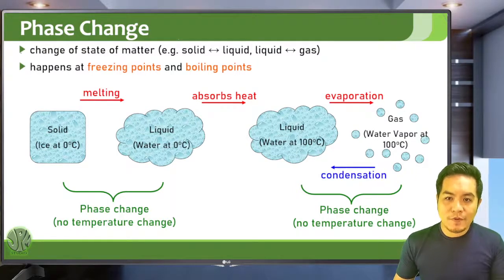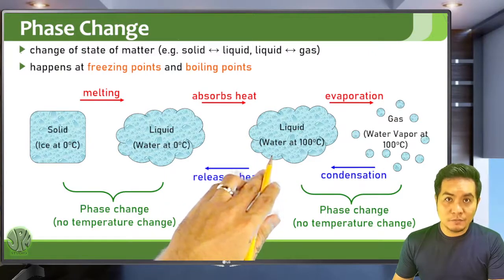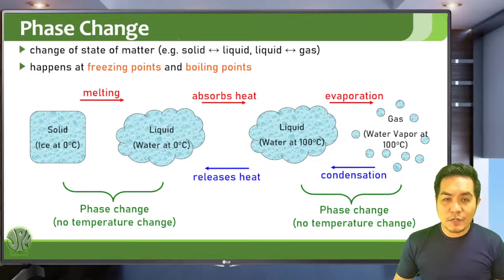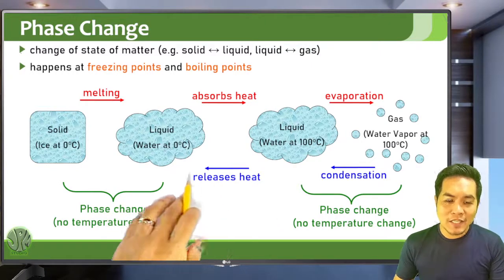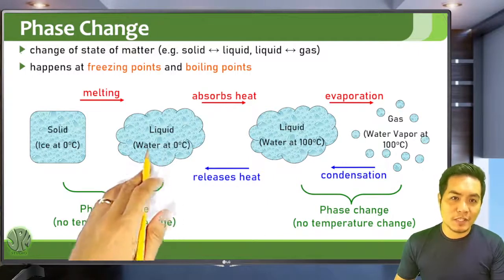So the reverse from gas to liquid water at the same temperature is what we call condensation, and that usually involves releasing of heat or removal of heat. So the liquid water can then undergo a temperature change by releasing heat. So it can undergo a decrease in temperature from 100 to 0 degrees Celsius.